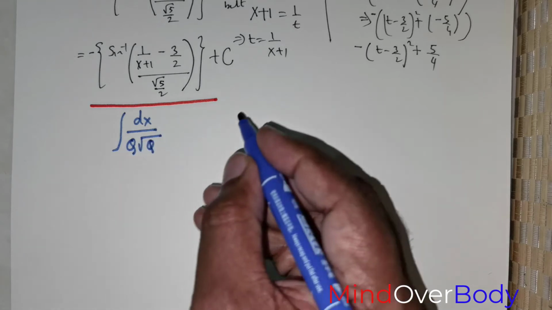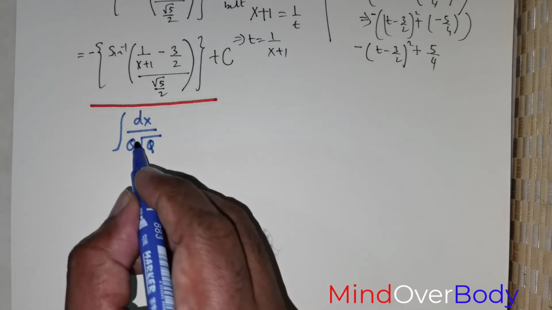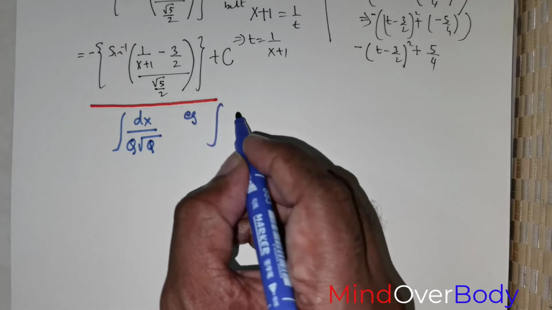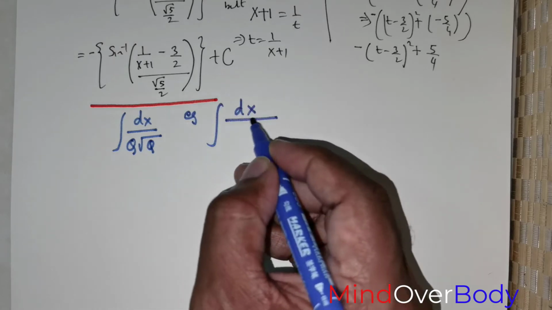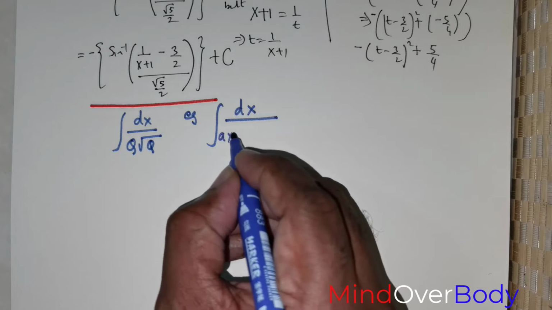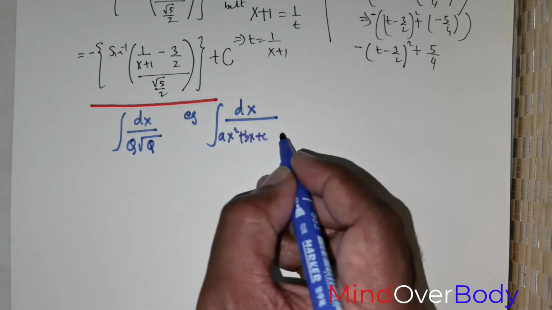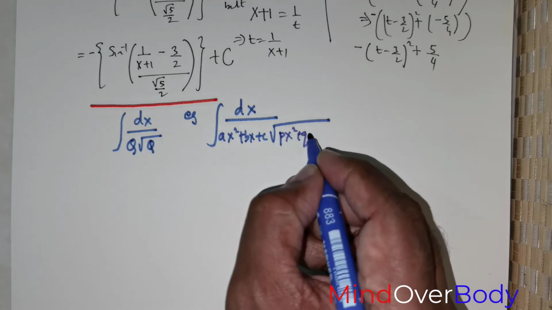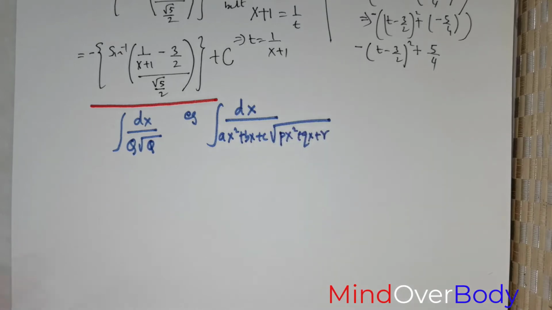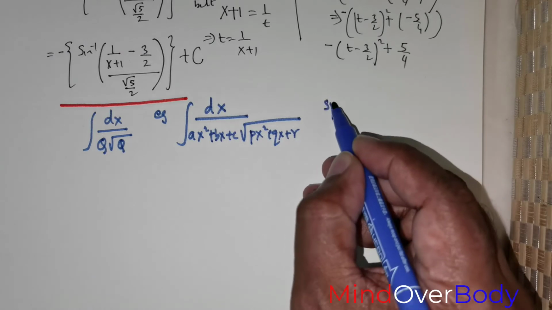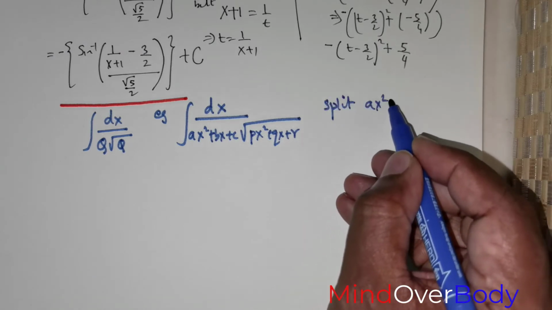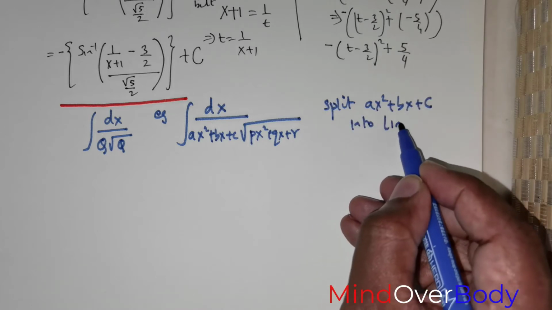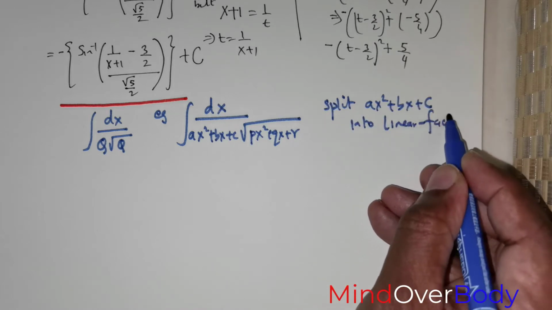So when we are given this, what you have to do is, let me just take this example. If you are given some form like this, integral dx over ax squared positive bx positive c times root of, say, some px squared positive qx positive r, then what you have to do is split ax squared positive bx positive c into linear factors.